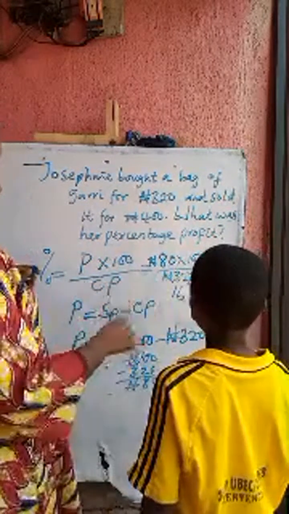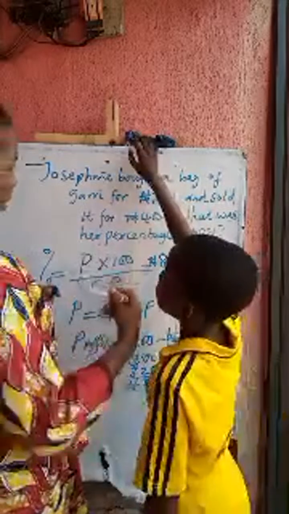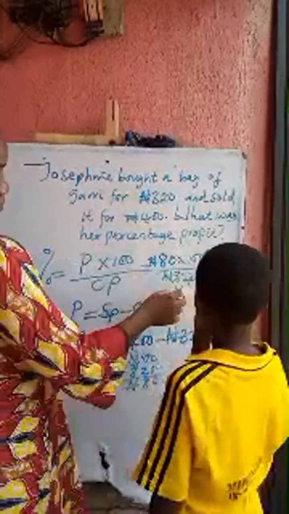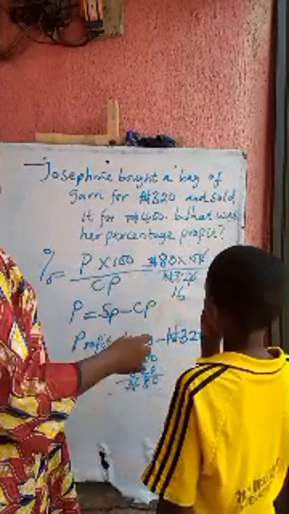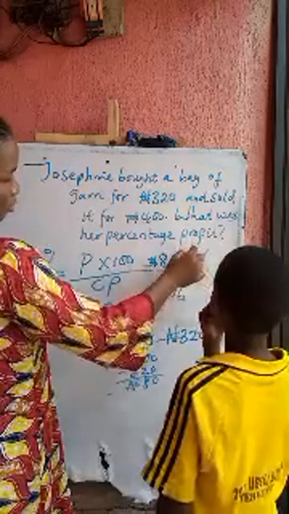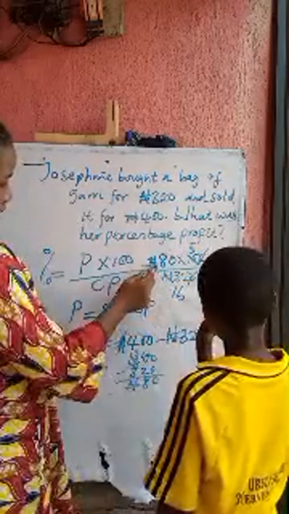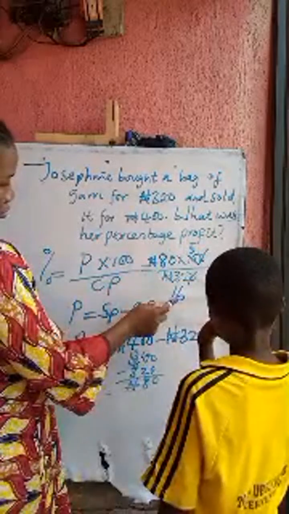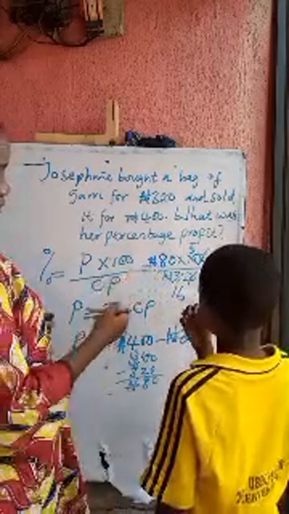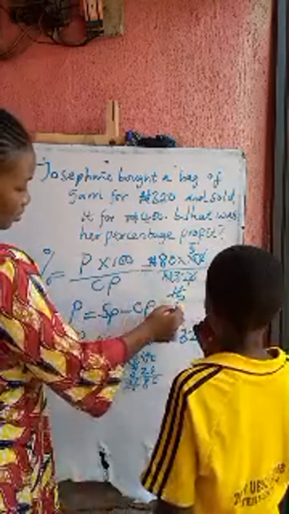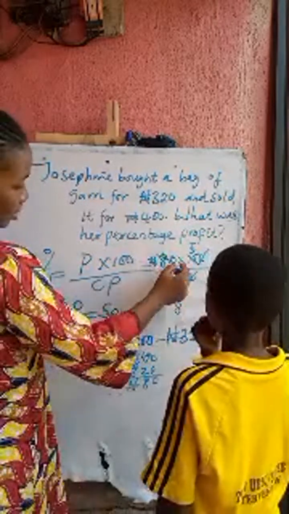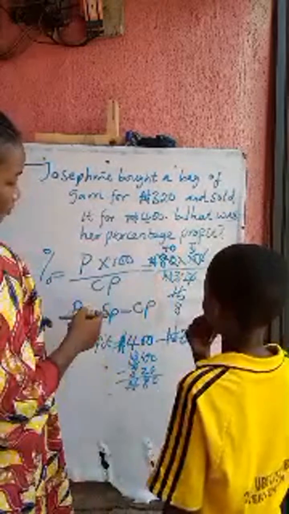16. This marker will make me end this class now, don't worry. 2 goes into 32 is 16. 2 goes into 10 is 5. So now we have 16 here, we have 80 here. 2 can go into 16, 2 can go into 80. 2 into 16 is 8. 2 into 80 is 40.